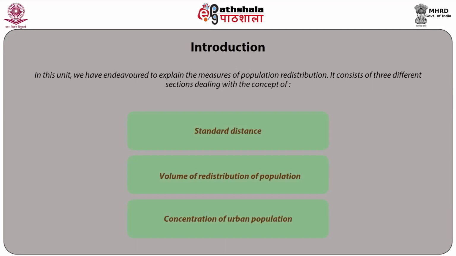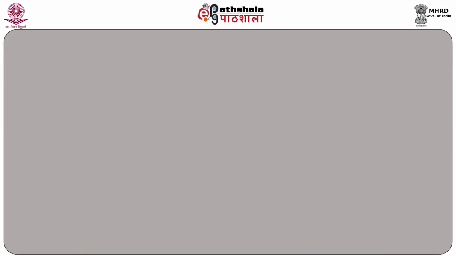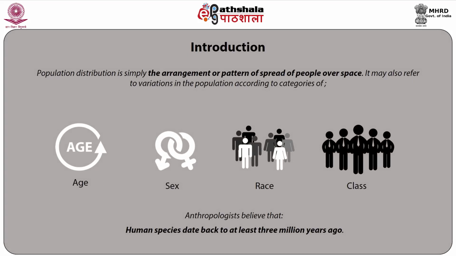In this unit, we have endeavored to explain the measures of population redistribution. It consists of three different sections dealing with the concept of standard distance, volume of redistribution of population, and concentration of urban population. Population distribution is simply the arrangement or pattern of spread of people over space.